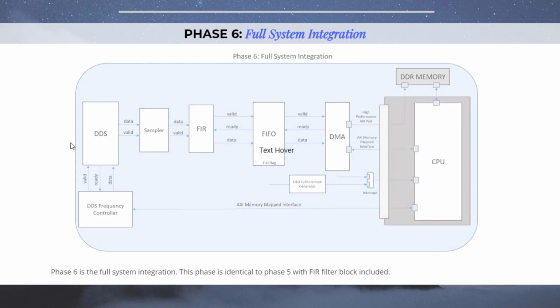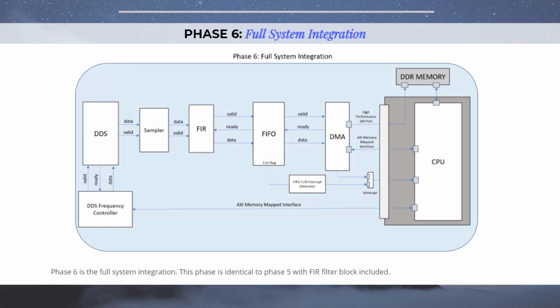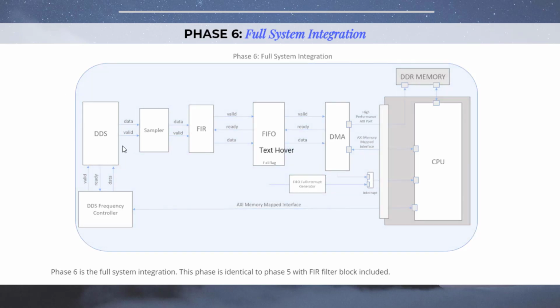Basically, you have a DDS signal generator that puts out a signal at a certain frequency, and that signal goes through an FIR filter, which then gets stored in a FIFO, and that data eventually is streamed to the CPU where it's post-processed. And one of the requirements in that design was to change the output frequency of the DDS or the signal generator from the CPU dynamically.